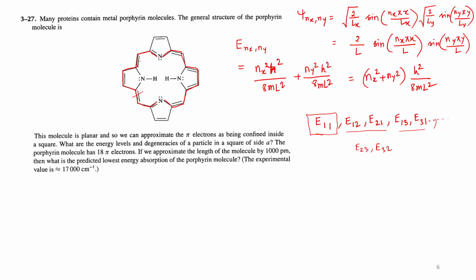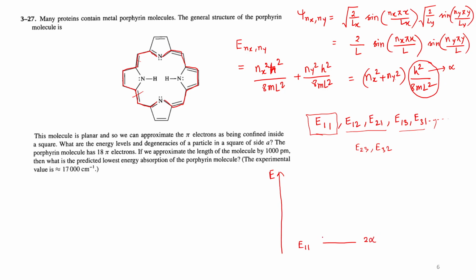So it will be something like this. I will draw a diagram where energy increases in this direction, and I will also write the energies. I will take this part as alpha, because it is a constant and I will not write it again and again.